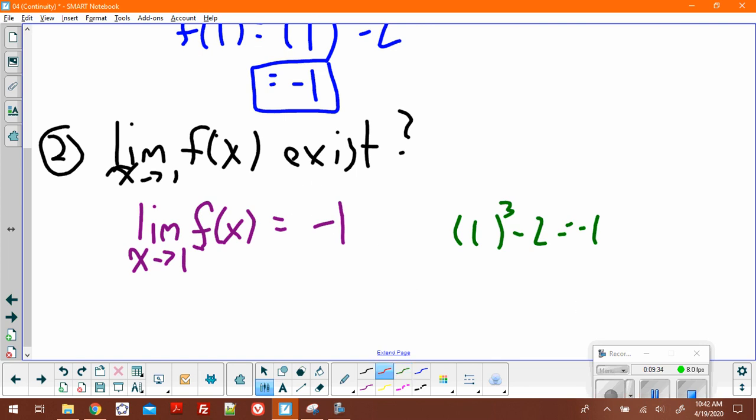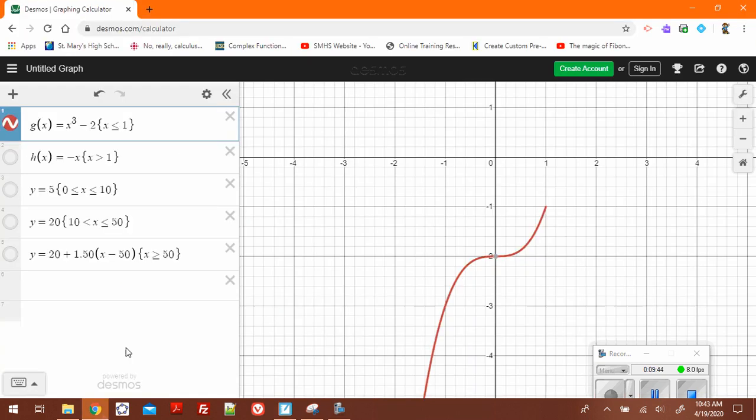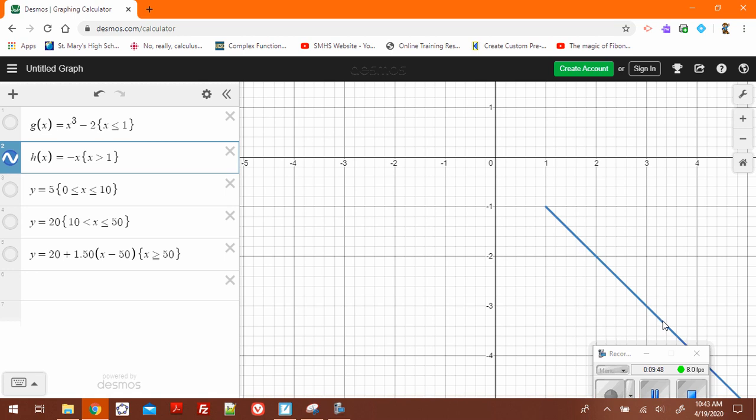Let's flip to the other side of the graph. As I go to 1 from the positive side, what is happening here? So again, I'm going to flip over to Desmos for a moment. This is the other side, so it looks like this. As I approach here, it does look like I'm getting closer and closer to -1.